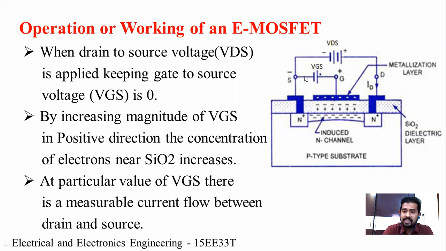So that causes electron movement. At a particular value of VGS, there is a measurable current that flows between drain and source.